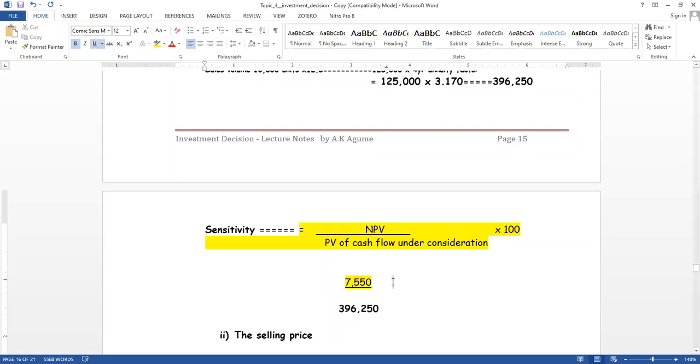Then I multiply this by 100. So what percentage do you get? 1.9.